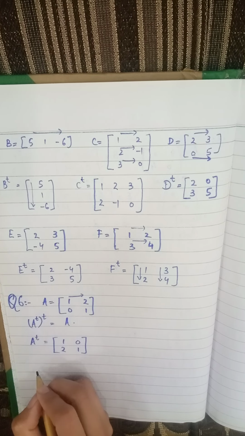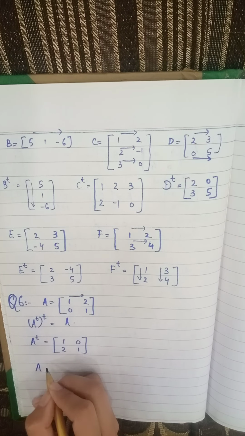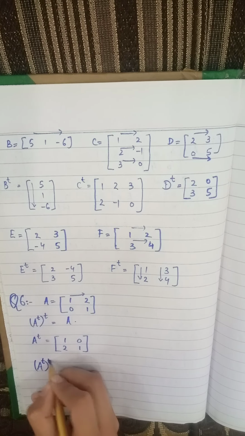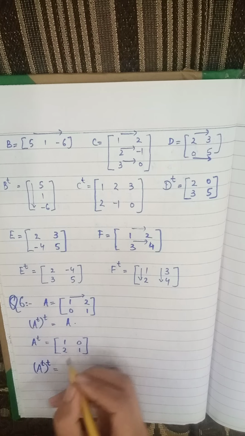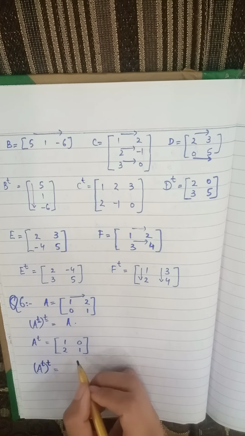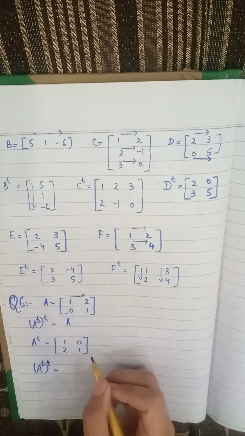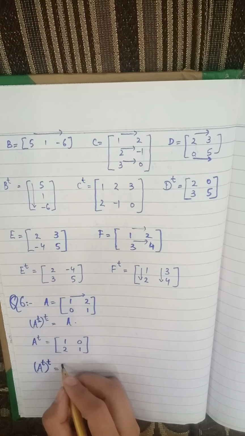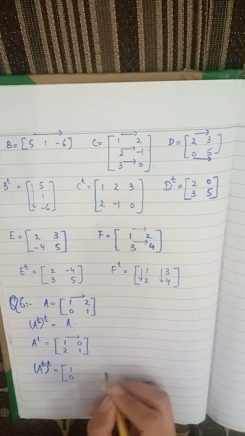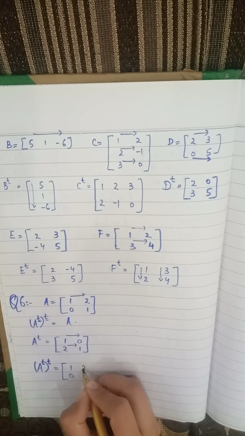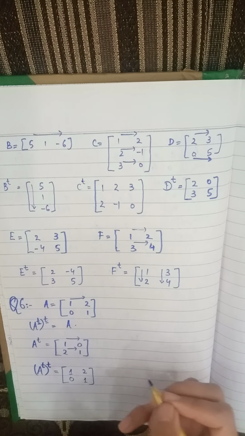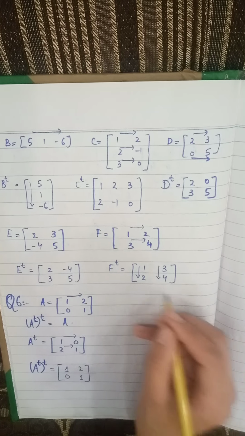Now I am going to take the transpose of this again. This indicates that we are going to take transpose two times of the matrix A. So that would be 1, 0 again changed into vertical. Horizontal will change into vertical, or you may say rows are going to change into columns.